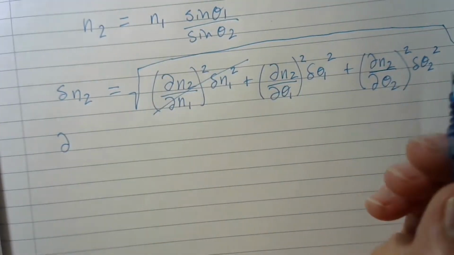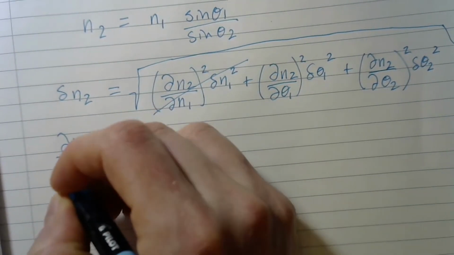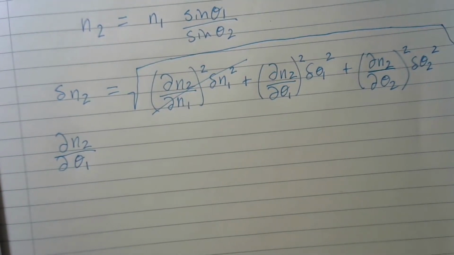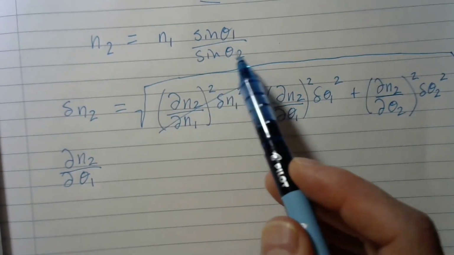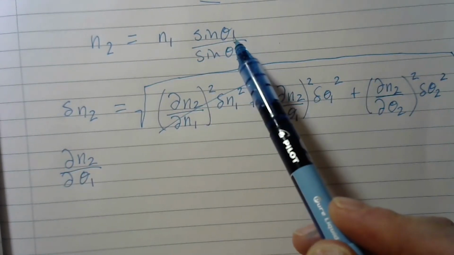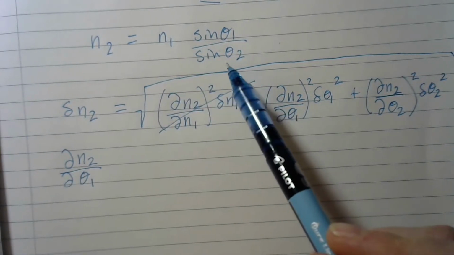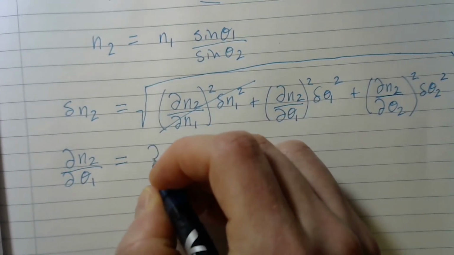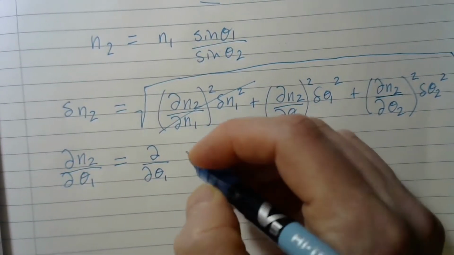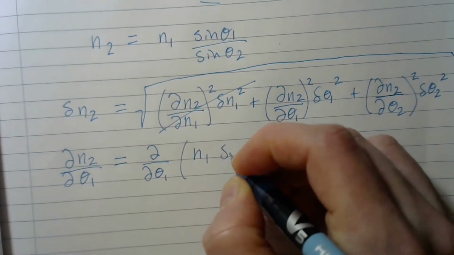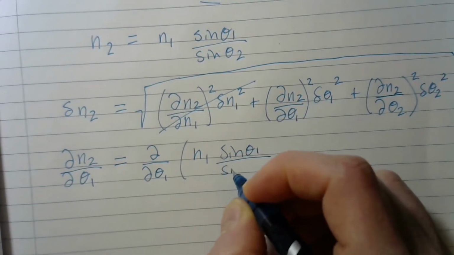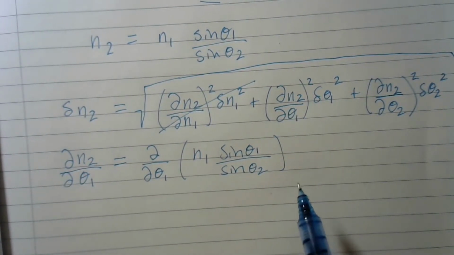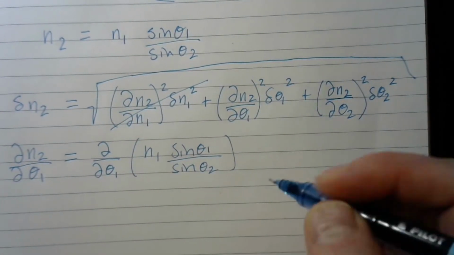Now, first partial derivative that I need is N2 with respect to theta 1. And that means that I'm taking the derivative of this whole expression where theta 1 is a variable, and then N1 and theta 2 are considered constants. So I'll write it like this. Now, because N1 and theta 2 are constants, I'm just going to pull those out in front.